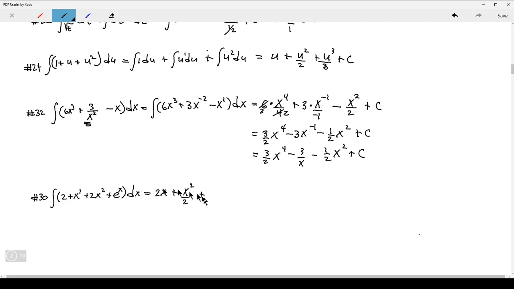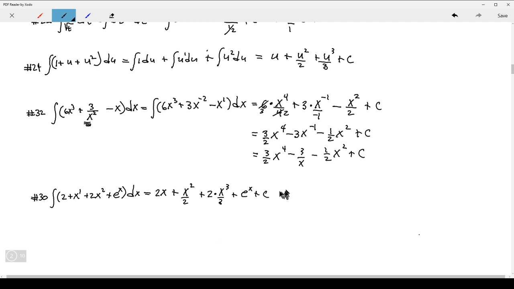Then 2x squared: that's going to be 2 times the antiderivative of x squared. So I add 1 to the exponent and I divide. So that becomes x to the third over 3, plus e to the x. The antiderivative of e to the x is just e to the x, plus c.